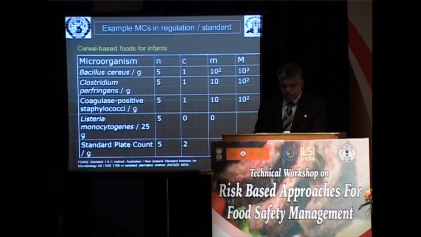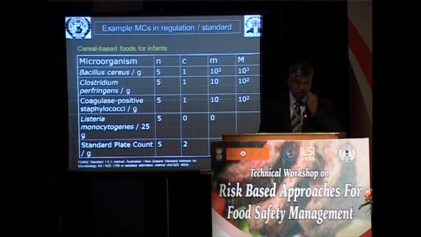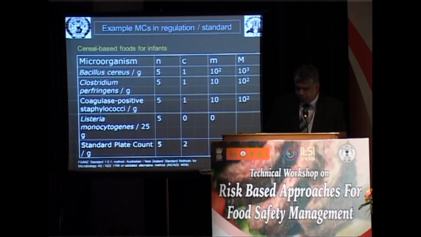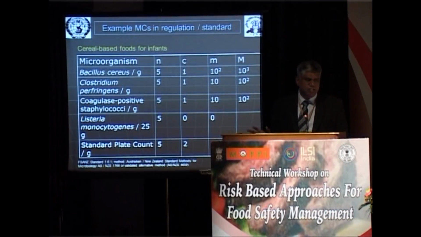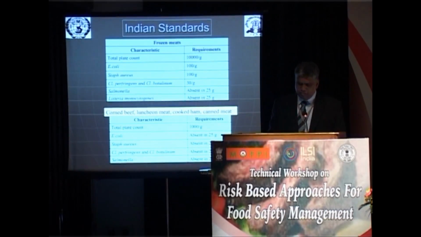In 25 grams, 5 samples: not a single sample should contain any pathogen, whereas in the case of Bacillus cereus, out of 5 samples, 1 sample can have pathogens in the range of 10 to the power 2 to 10 to the power 3, but the others should not have any pathogen. So this is the sampling plan.